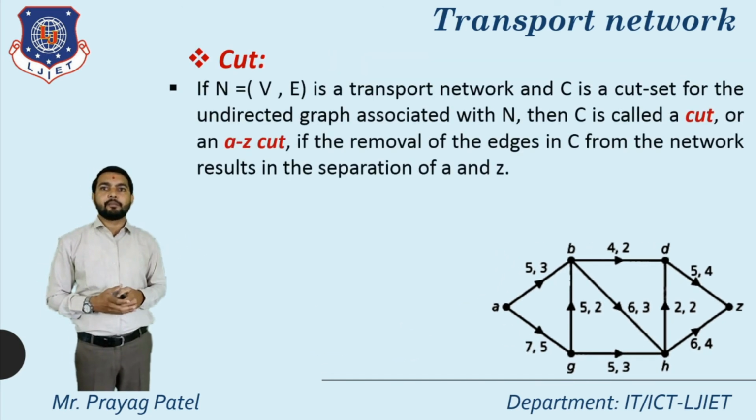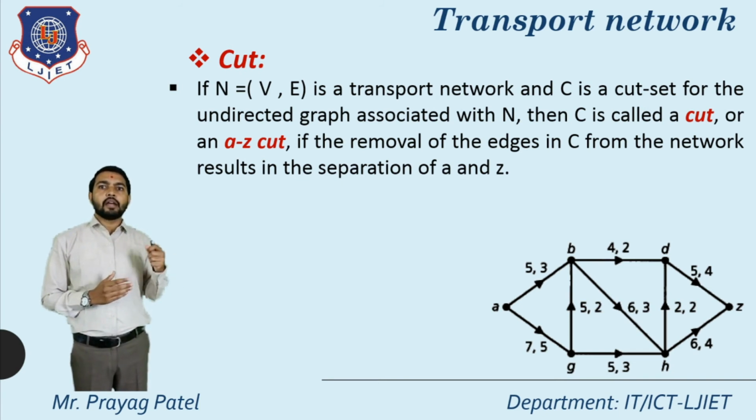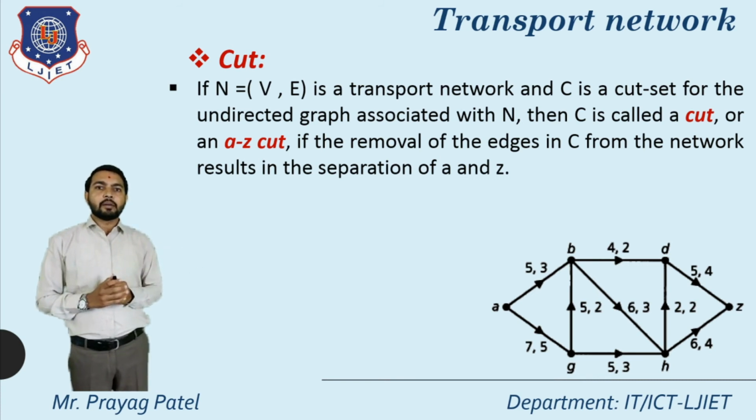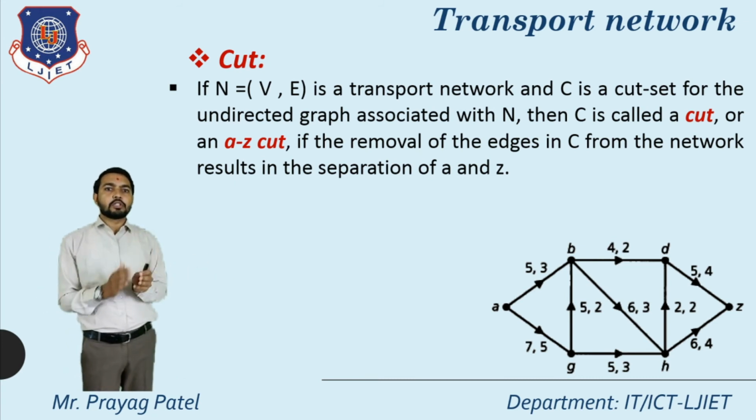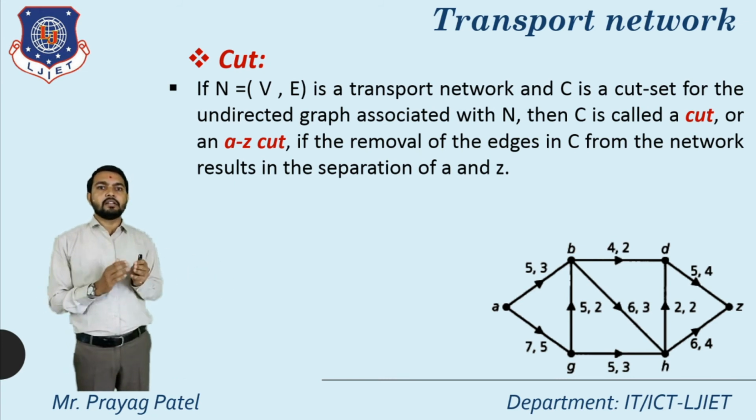Now next is a cut. The definition of the cut is: if N = (V, E) is a transport network and C is a cut set of the undirected graph associated with the network N, then C is called a cut, or an AZ cut, if the removal of the edges in C from the network results in a separation of A and Z. That means in this network, if we remove some edges, this removal of particular edges divides the network into two parts.